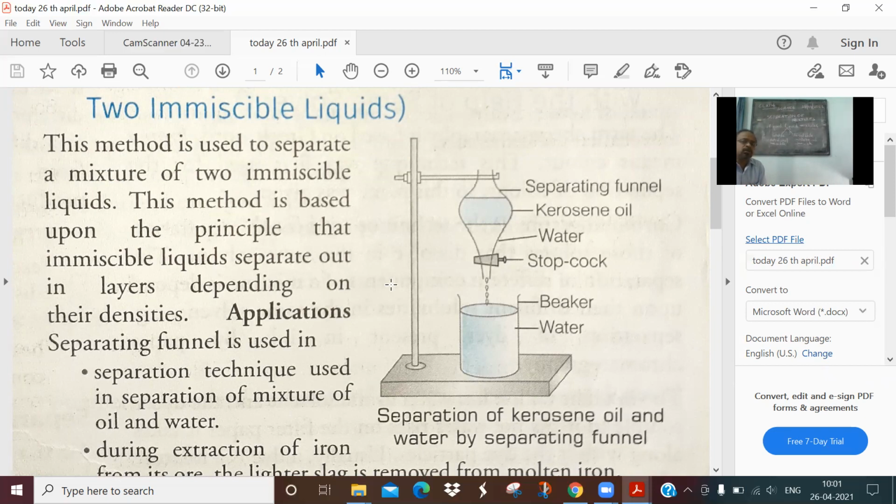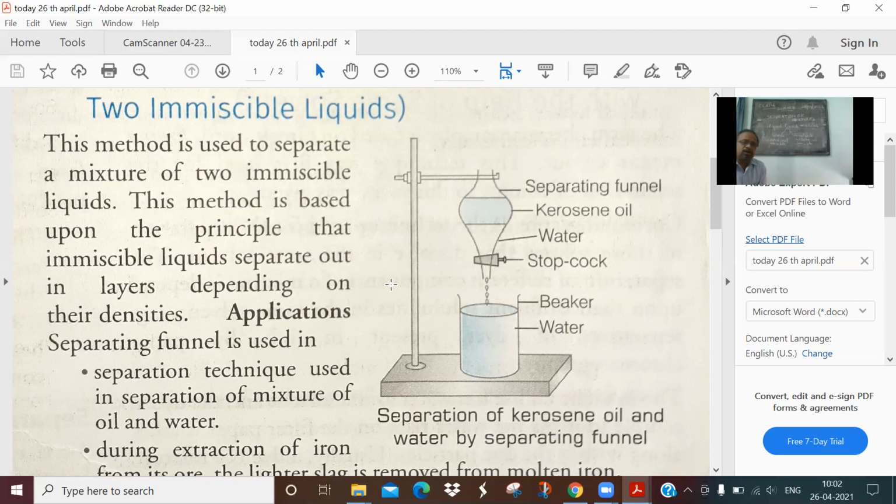Immiscible liquids are two liquids which are insoluble in each other, and they can be separated using the principle of difference in their densities. The heavier liquid forms the under layer due to gravity, whereas the lighter liquid forms the upper layer.